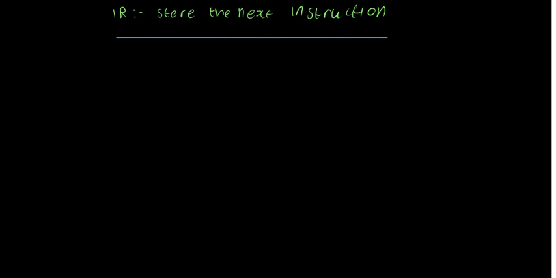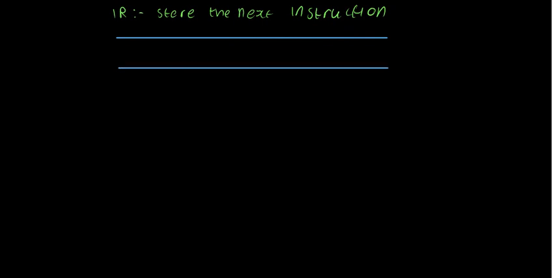Then our instruction register stores the next instruction that we're about to execute. From what you guys have learned, if I'm not mistaken, you've talked about the basic structure of the IAS command.